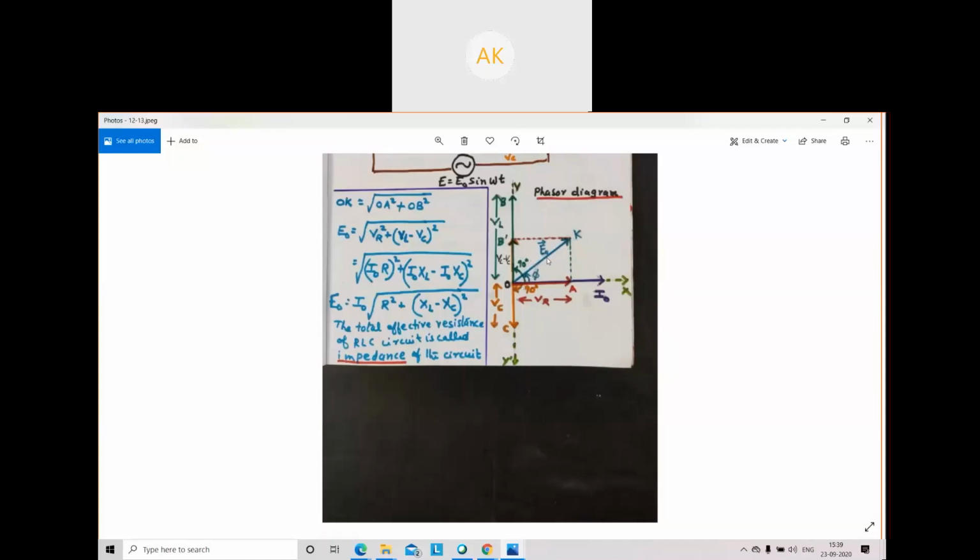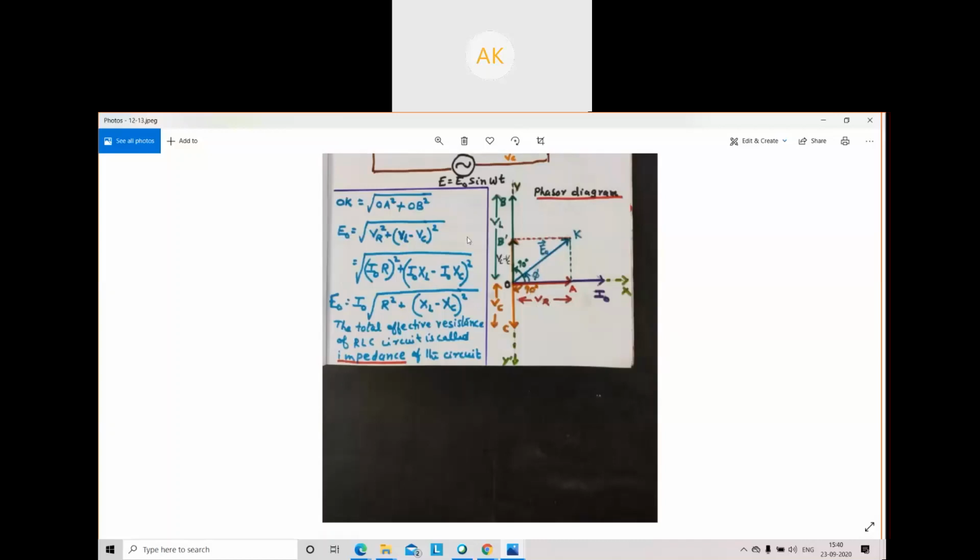It is equal to the square root of OA square plus OB square... See, what is the formula to find the resultant using the parallelogram law of vector addition? A square plus B square plus 2AB cos theta. That is the formula. Here A square means VR square, B square is VL minus VC whole square, plus 2AB cos theta.